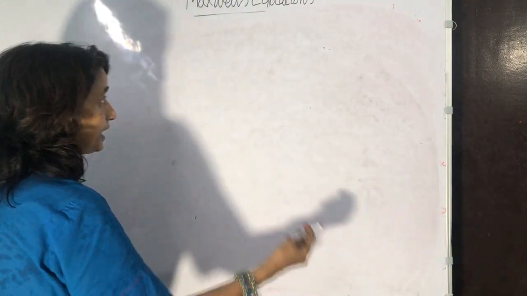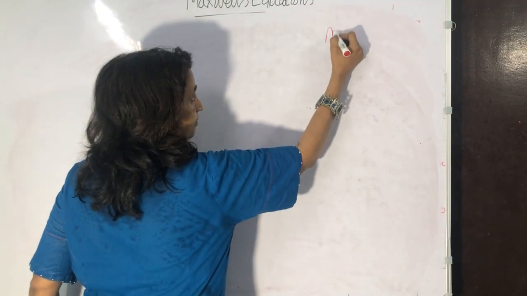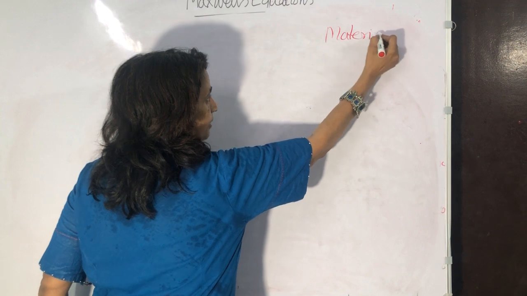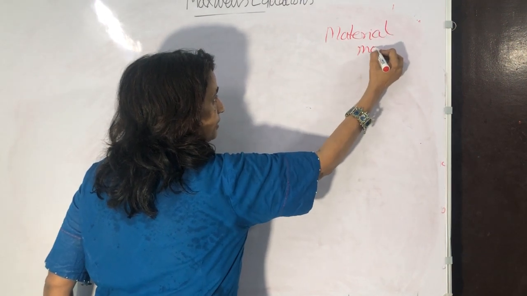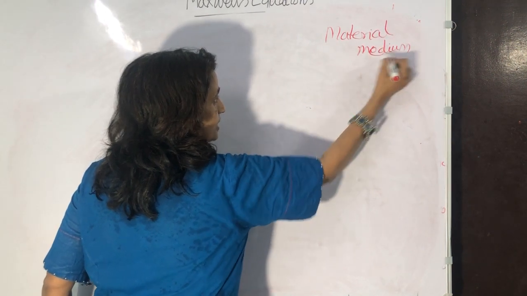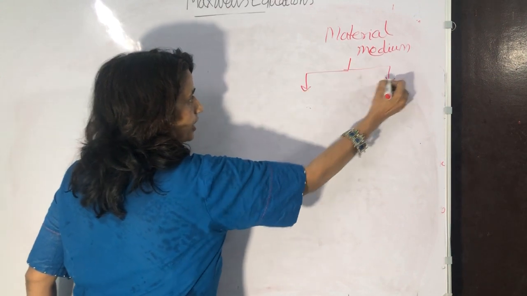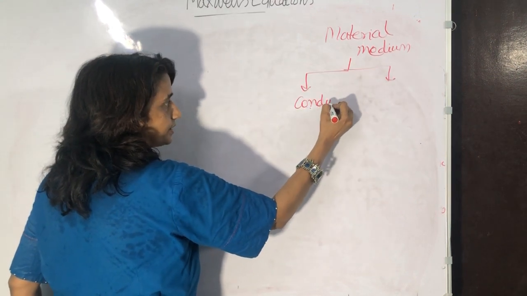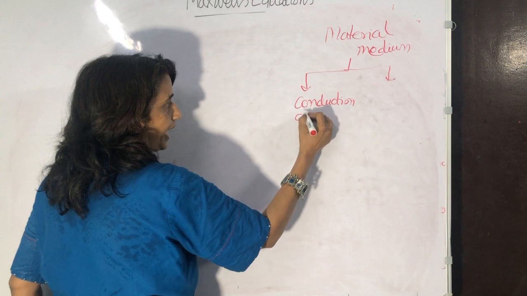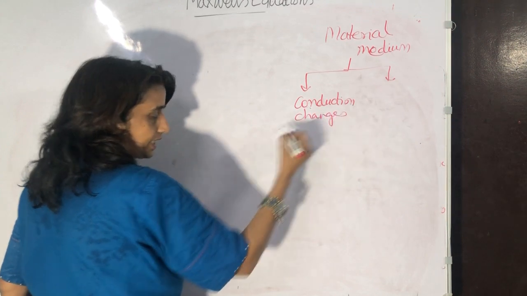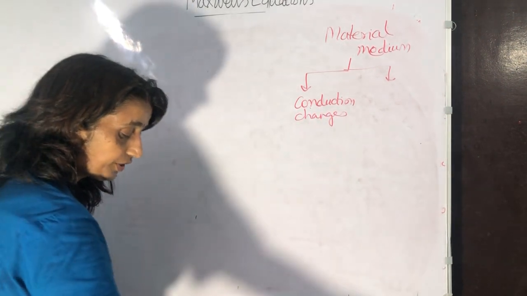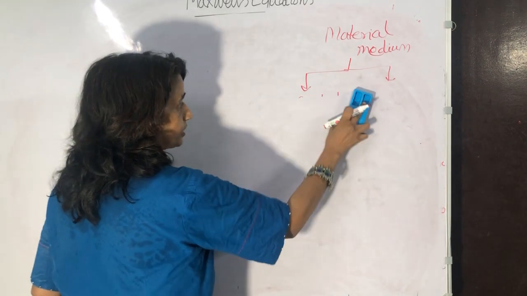So if the medium is a material medium, it will consist of conduction charges, or the free charges and the polarization charges.